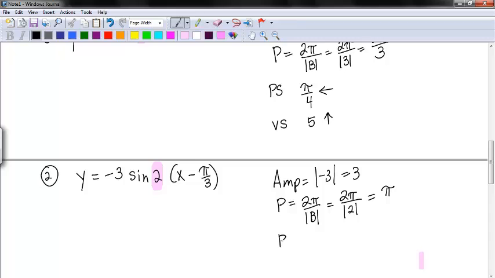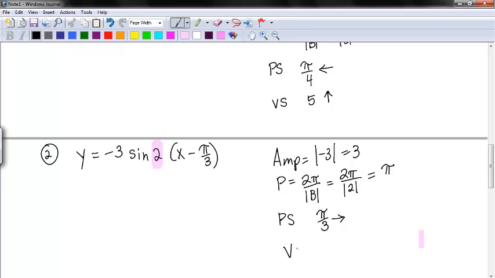And the phase shift would be pi over 3, and this one's to the right because of that negative sign. It's just opposite of what you think it should be, but it's to the right. And the vertical shift, none or 0, because there's no value out here. It's like plus 0, so none or 0. Any questions on that one?